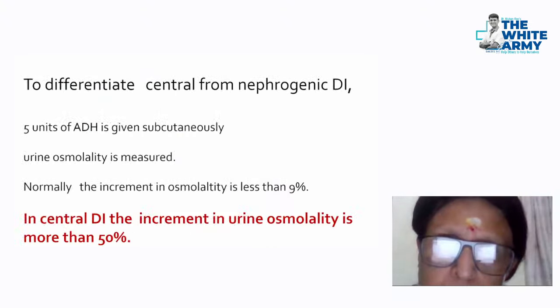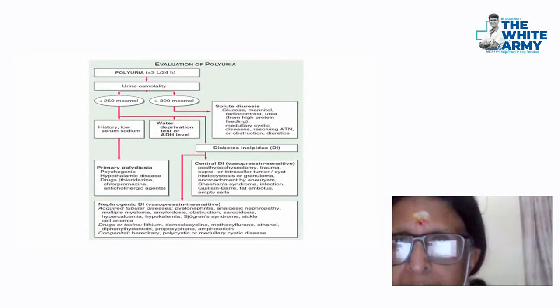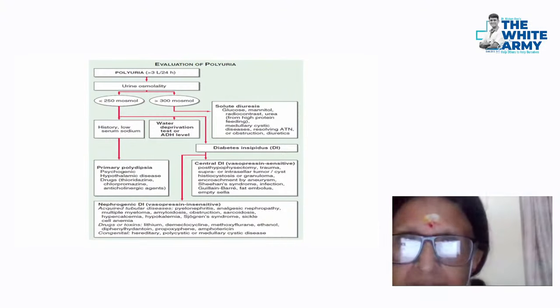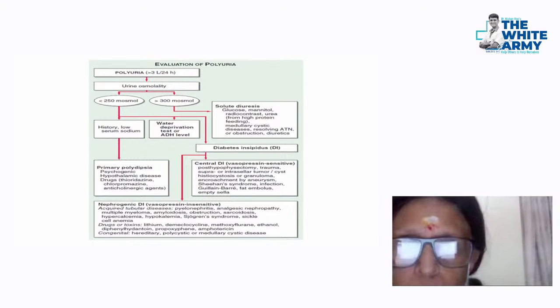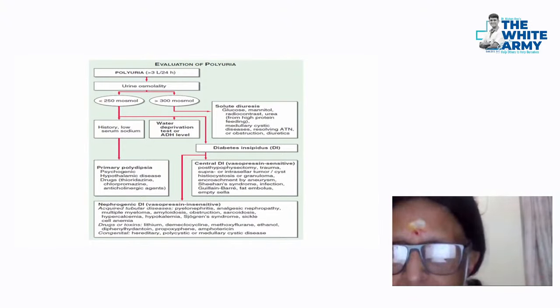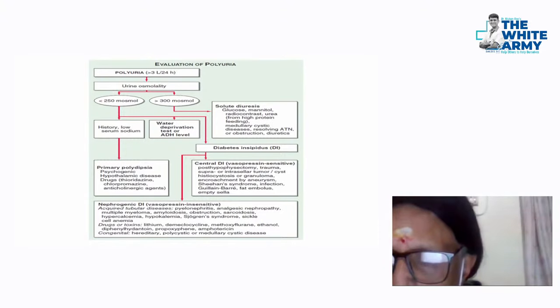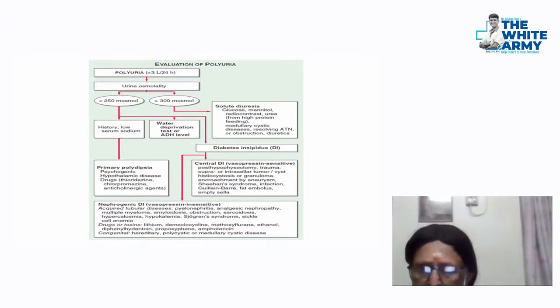So if you go back to the chart, polyuria more than 3 liters in 24 hours, measure urine osmolality less than 250, low serum sodium, it could be a polydipsia due to psychogenic or neurological causes. If it is not due to psychogenic polydipsia, you have to suspect diabetes insipidus. If it is diabetes insipidus, you have to make out whether it is central or nephrogenic diabetes insipidus.